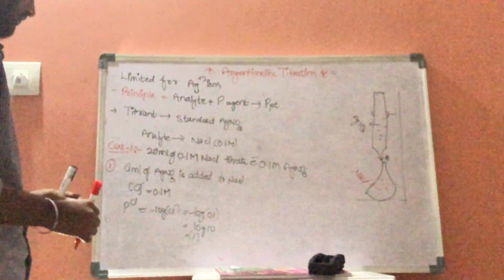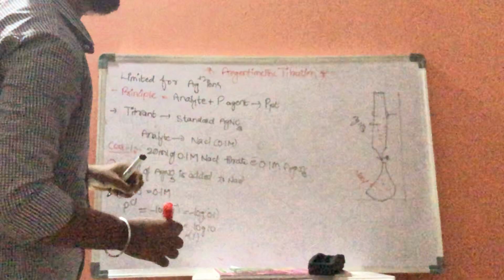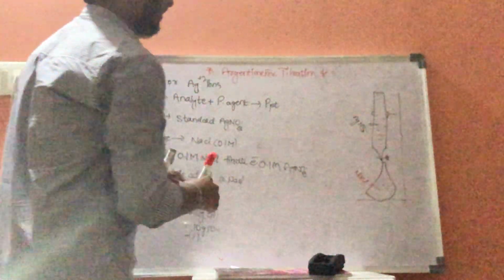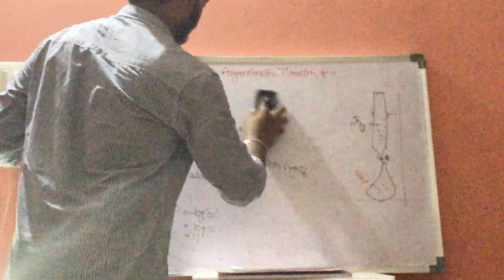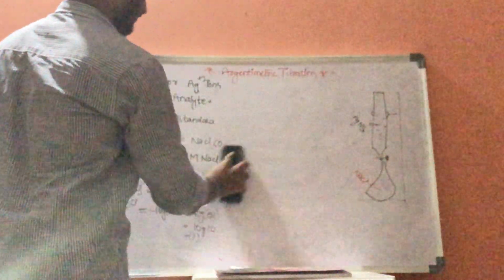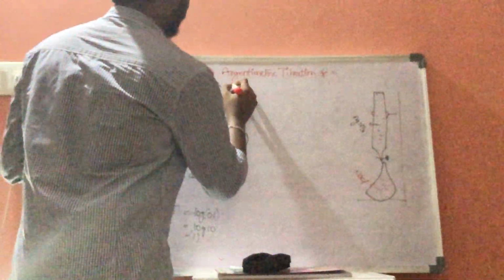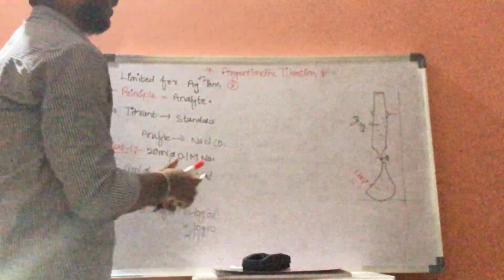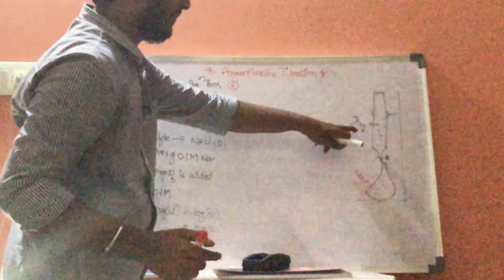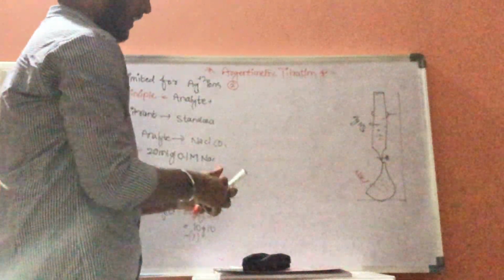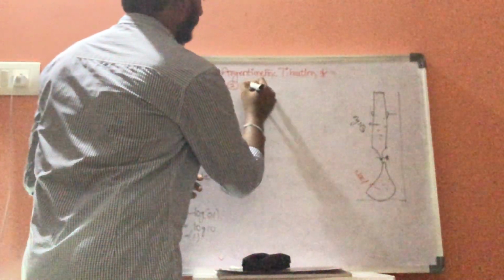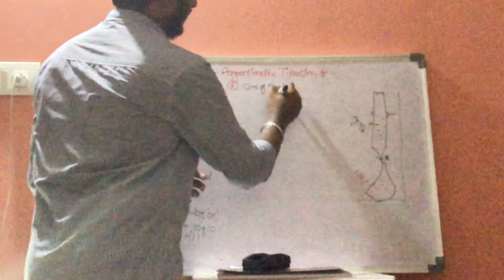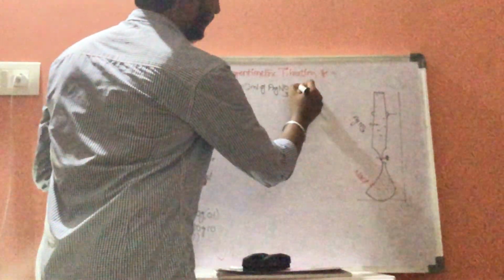Now let us consider case 2. In this case, 10 ml of silver nitrate is added to NaCl.